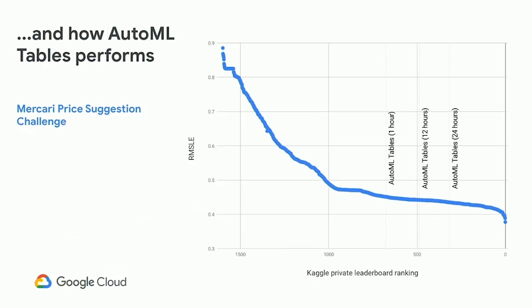And here is how AutoML Tables does after different numbers of hours of training. So the way Tables works is you select the number of hours. And here we have Tables after 1 hour of training, 12 hours of training, and 24 hours of training. So caveats, right? The architecture search, the hyperparameter tuning process, these are all random.